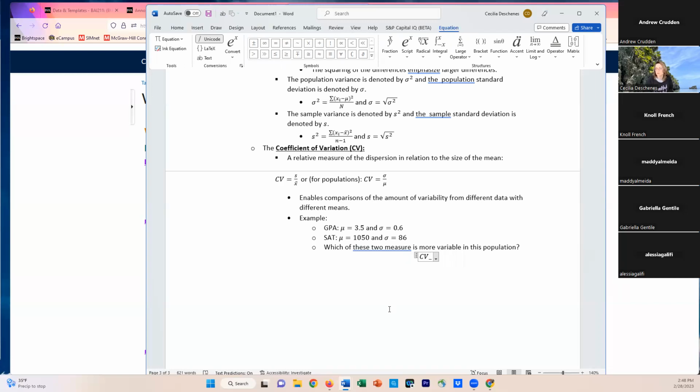And so for the first one, I'm going to do it for the GPA. I'm going to say, well, that's just the amount that the 0.6 is out of the 3.5. And that on my calculator comes out to 0.1714.